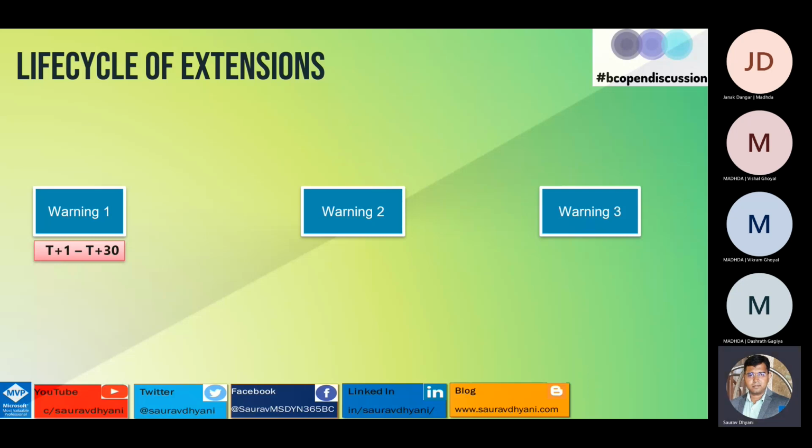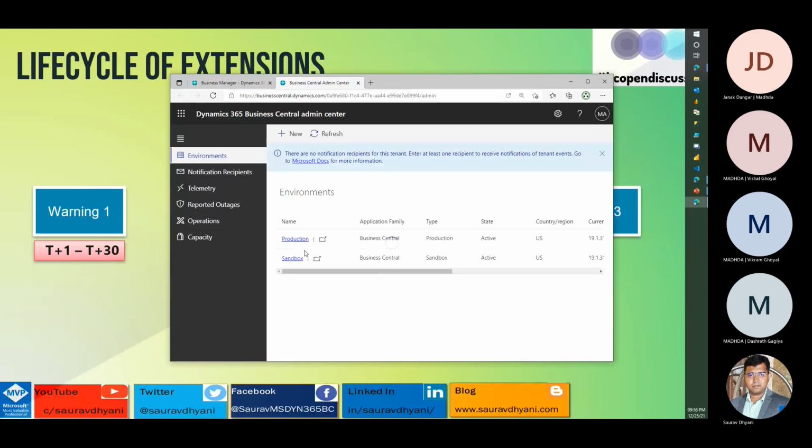For the first 30 days, Microsoft tries to upgrade each and every tenant which is available in SaaS, and a partner has not delayed their upgrade. And let me talk you through it.